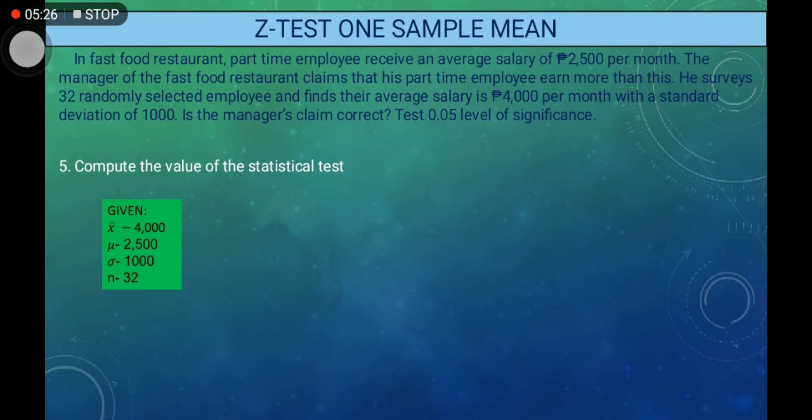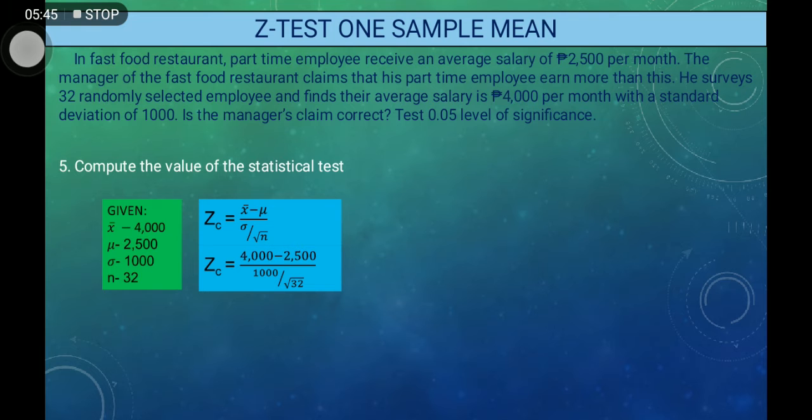So, given natin, si x-mean is 4,000, si mu is 2,500, si standard deviation is 1,000, and our sample size is 32. Using this formula, isasubstitute natin yung mga data dun sa formula na gagamitin natin.